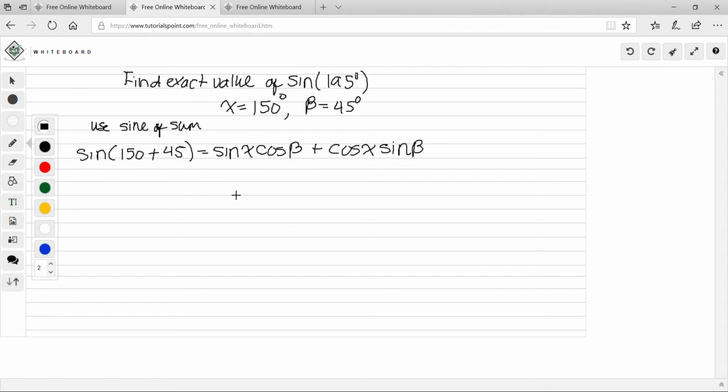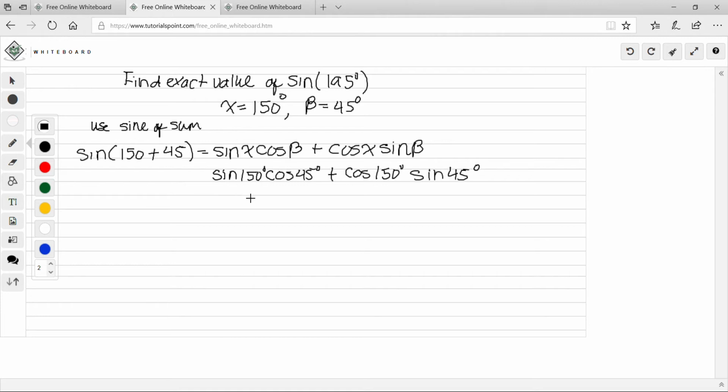So sine of 150, and then cosine of 45 degrees, plus cosine of 150, and then sine of 45.